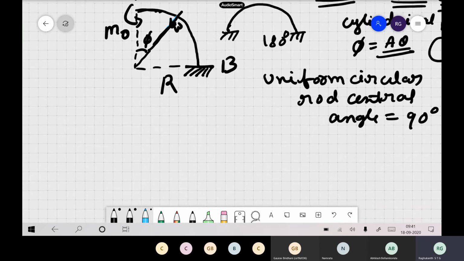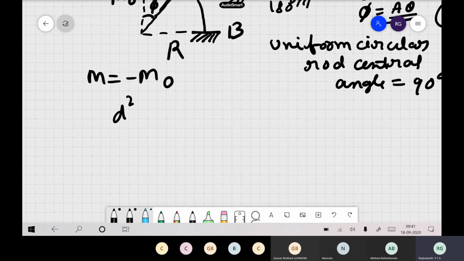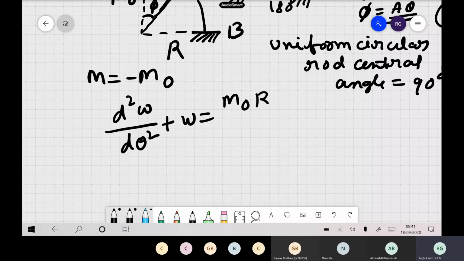Okay. Now based on the sign convention, if you take M as minus M0 here, now in our Bousinesq-type equation, just substitute there. d²w/dθ² plus w is equal to M0 R² by EI.